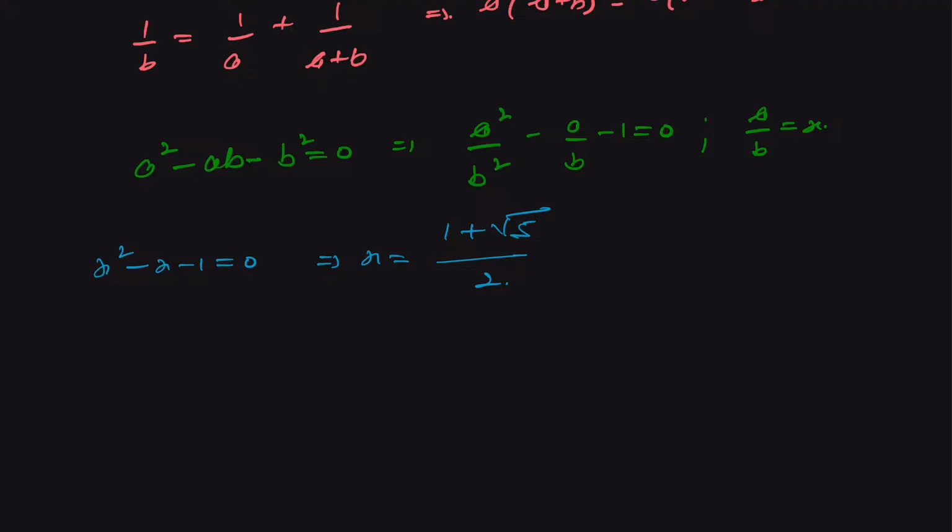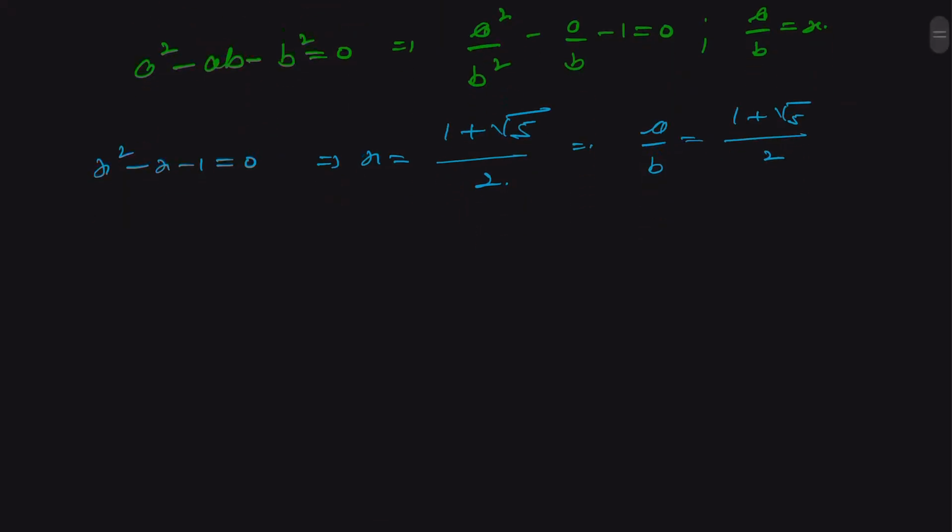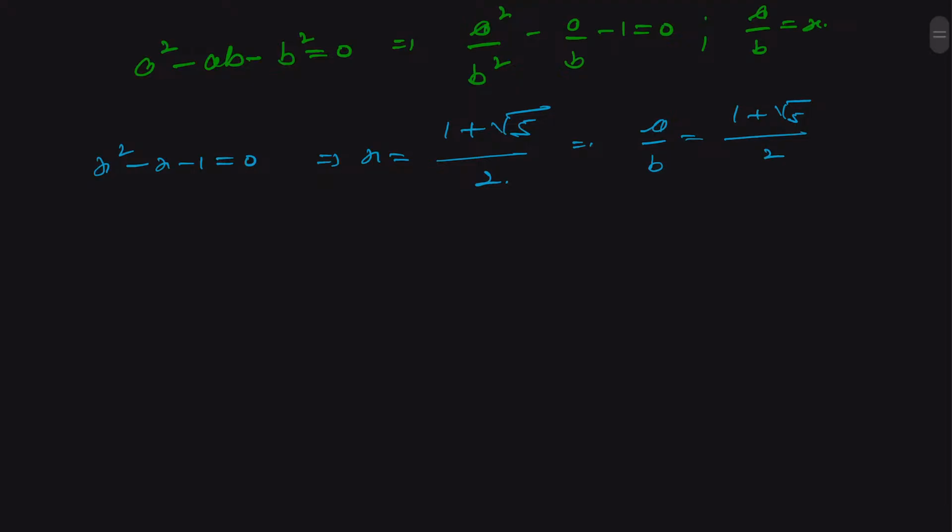Okay, and if you substitute the value of A and B, we get A upon B is equal to 1 plus square root of 5 upon 2. So this in general is going to give us a relationship between A and B. So we are going to get 2A is equal to B times 1 plus square root of 5.